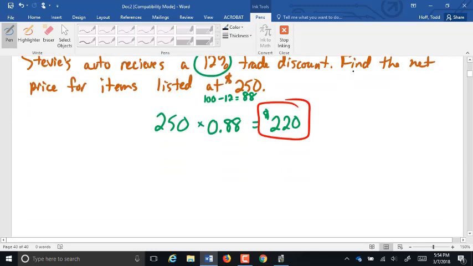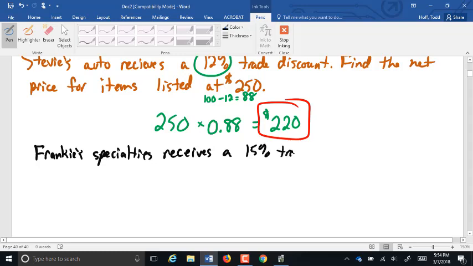Now we can do a similar problem to that. Let's say Frankie's Specialties receives a 15% trade discount.